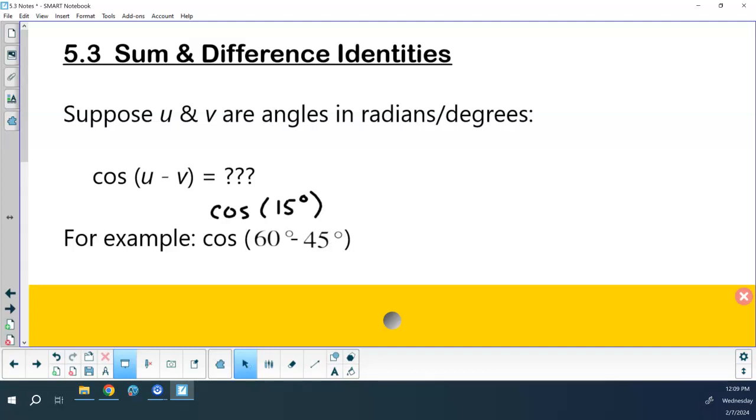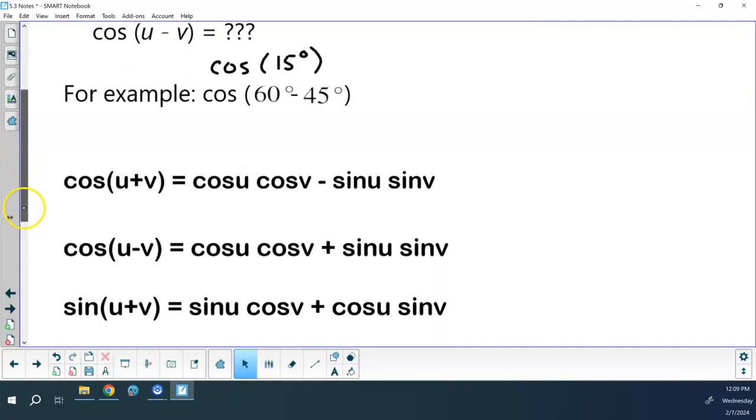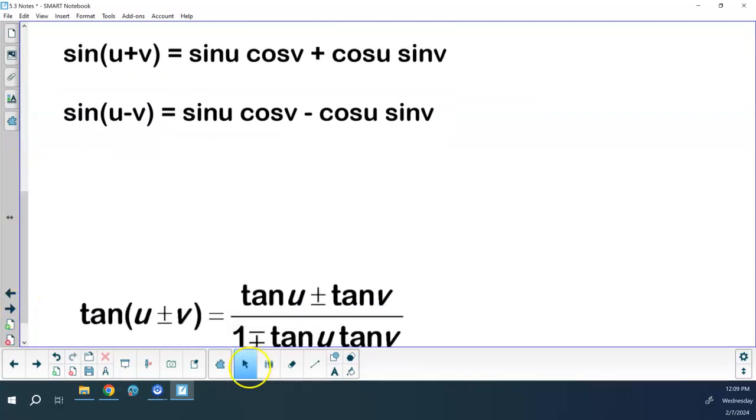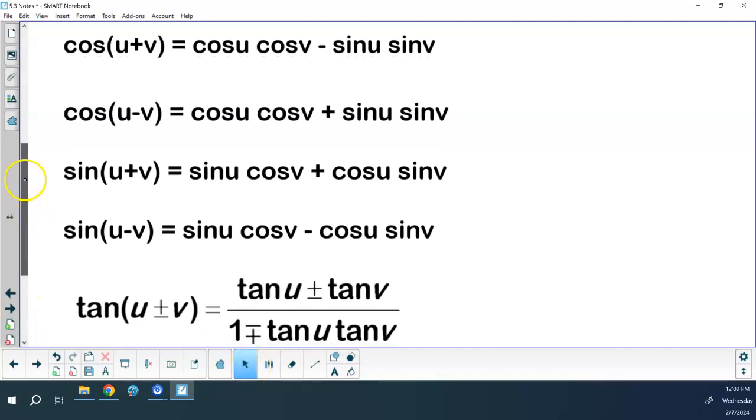Okay? It is, however, on your identities, on your purple sheet, we'll go right to the identities because here they are. Okay. So here are these. Now we have combined them on your sheet to save space.